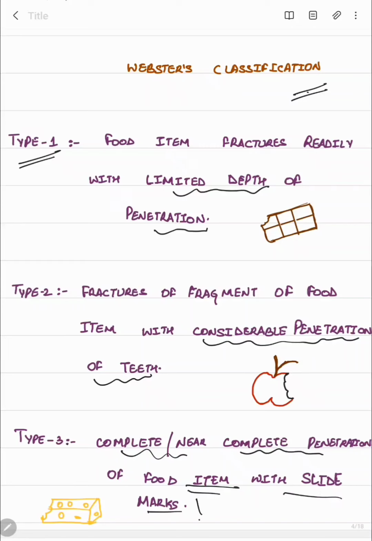Type 1, with limited penetration, is seen on food items such as hard chocolates. Type 2, with considerable penetration of teeth, is seen on apples or other firm fruits. And type 3, with complete or near complete penetration, is seen on food items such as cheese and banana, right?